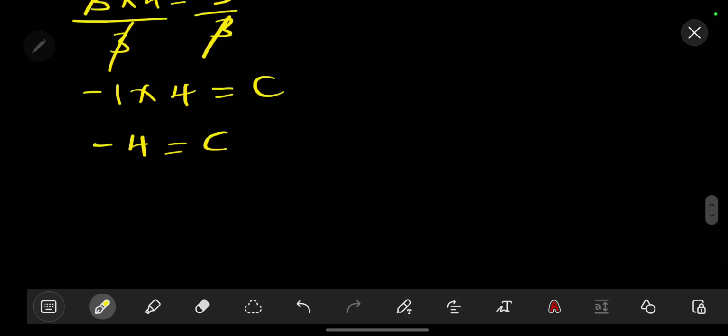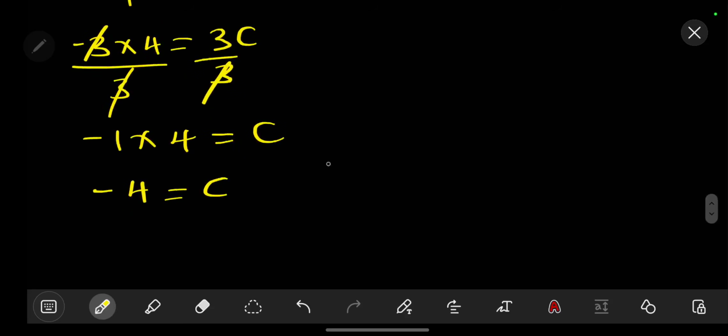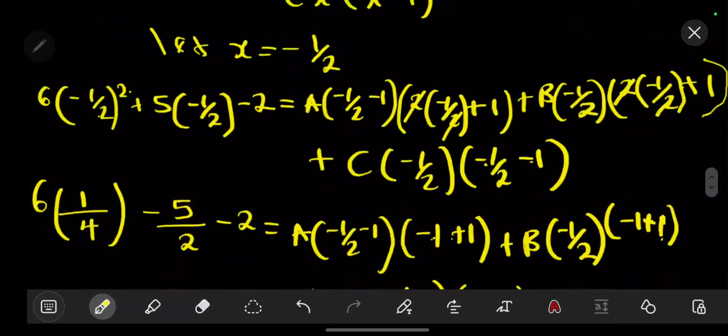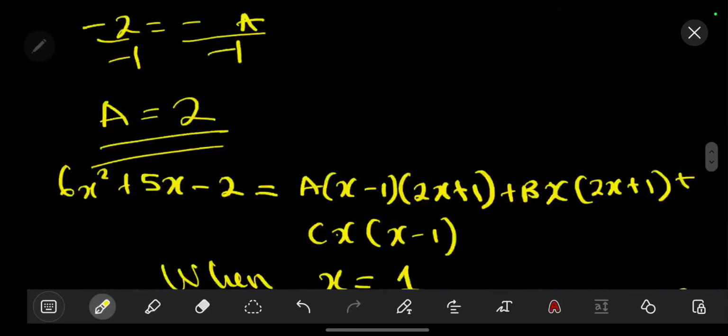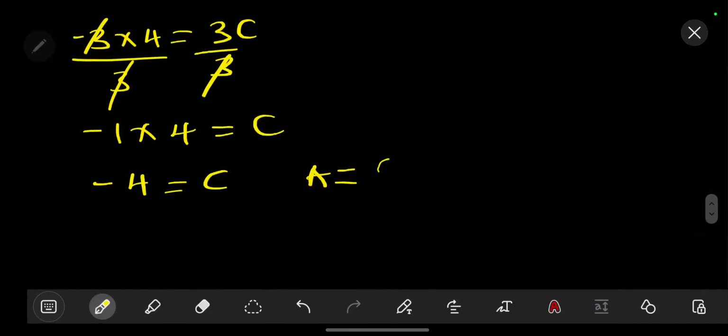So let's collect everything that we have gathered. So our c is equal to negative 4, our b is equal to 3, our a is equal to 2. So 2, then b is equal to 3 like that. So let's just write it.